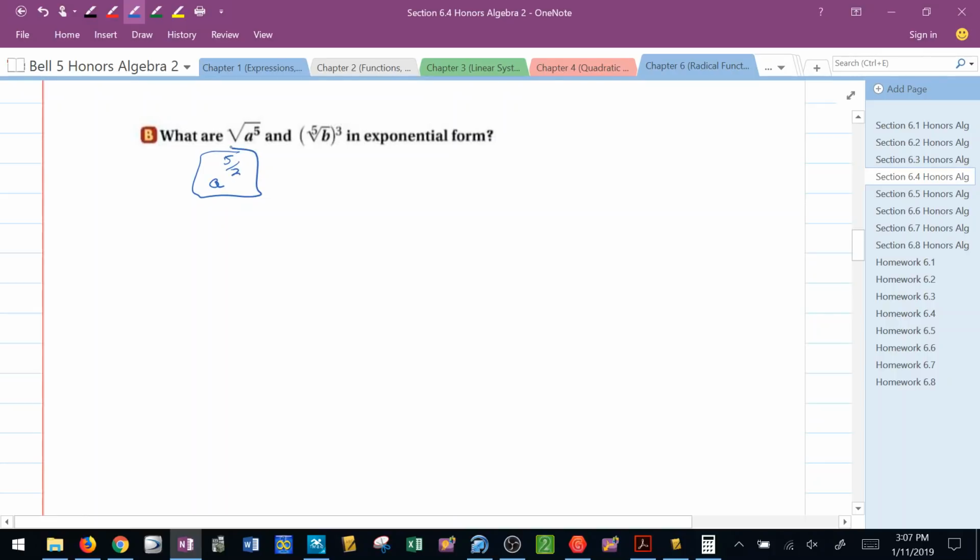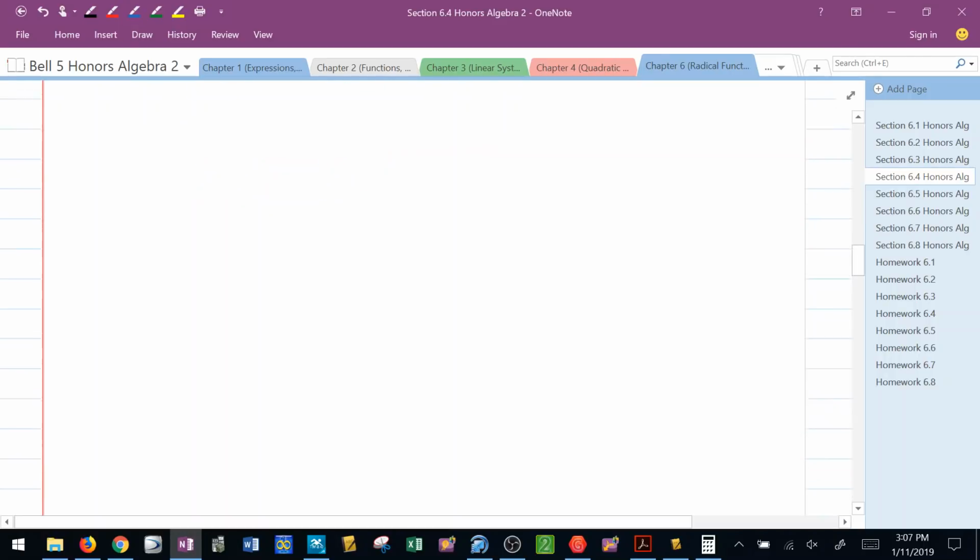I'm done. I notice on the second one, the index is 5, so I can write this as b to the 3/5 power. Once again, notice the index became the denominator of the exponent. All right? We were given in this problem what's called radical form. We simplified it to exponential form.